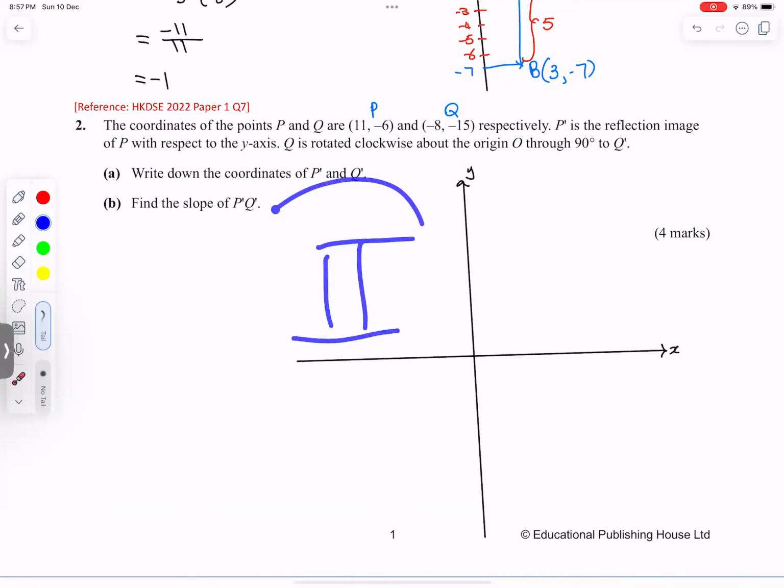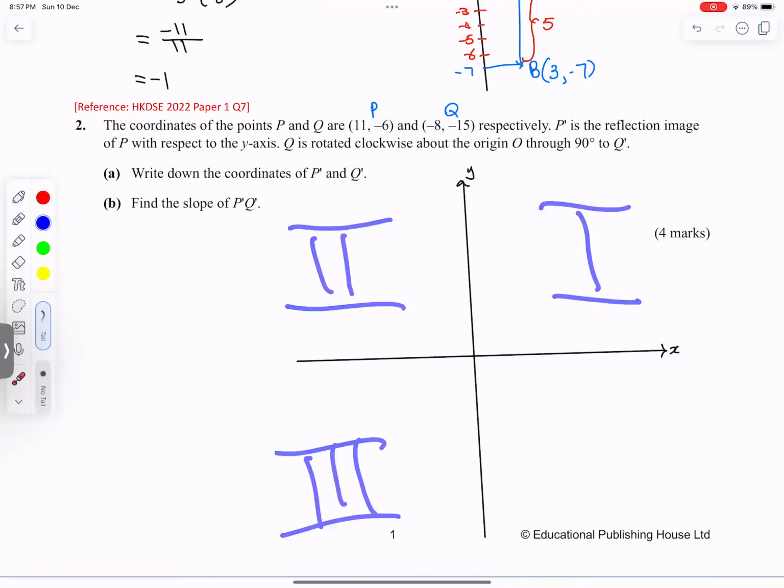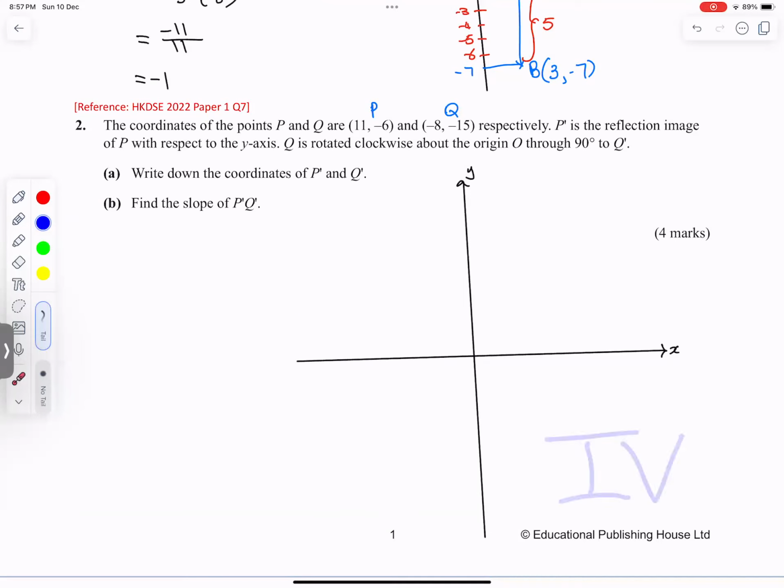Here? Oh, no. Right side down. So 1, 2, 3, 4. 4. Yes, good. So P is there. How about Q? 3. Yeah, good.